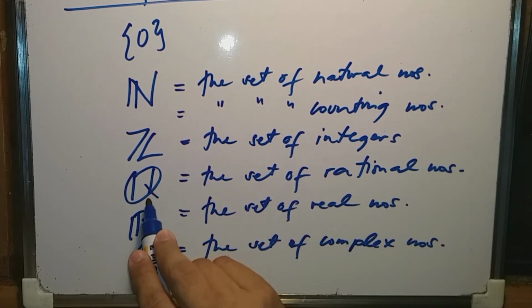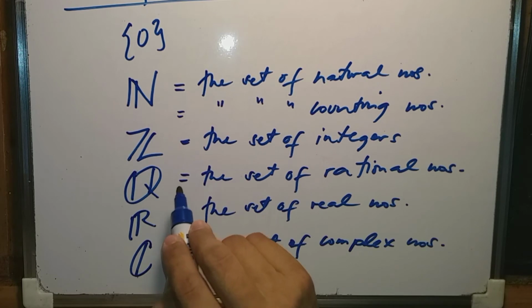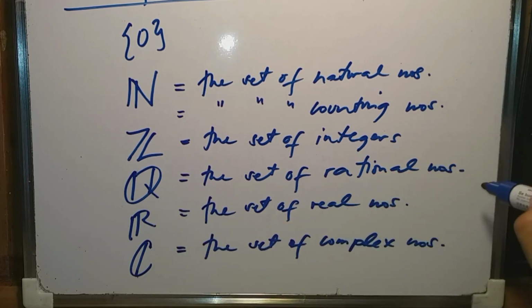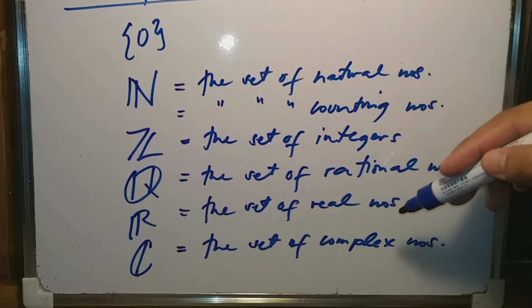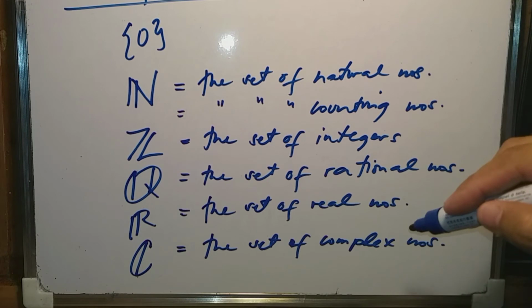Then next we have the set of rational numbers. So we all know that a rational number is a ratio of two integers. And then we have R, the set of real numbers. So a real number is a number that can be found in a so-called real number line. And lastly, we have the set of complex numbers.